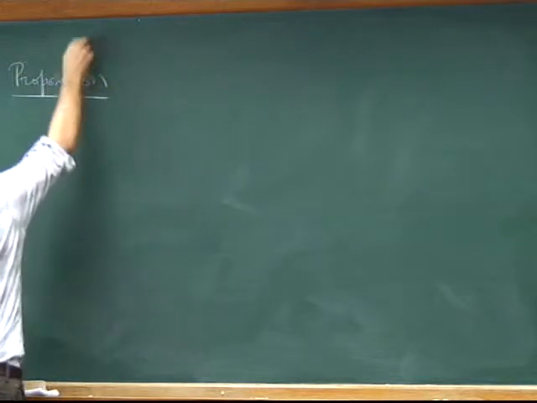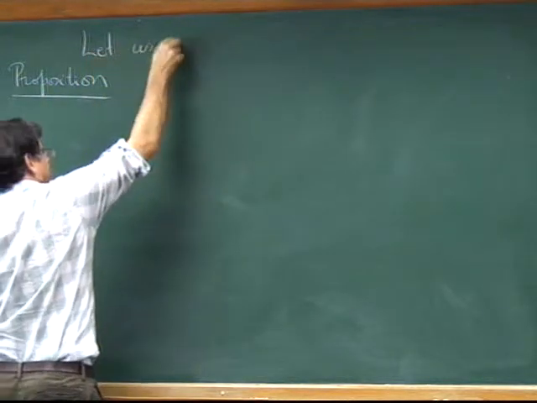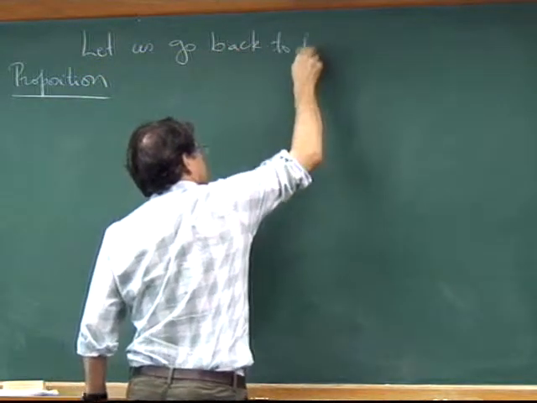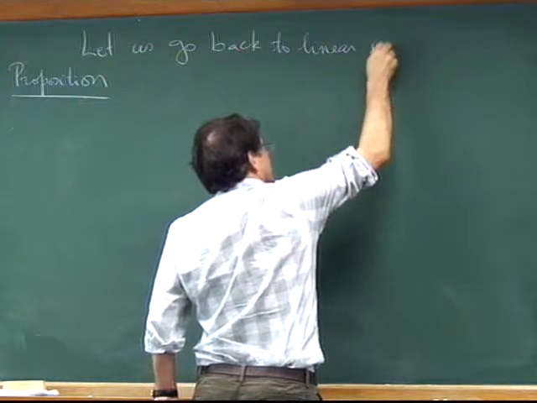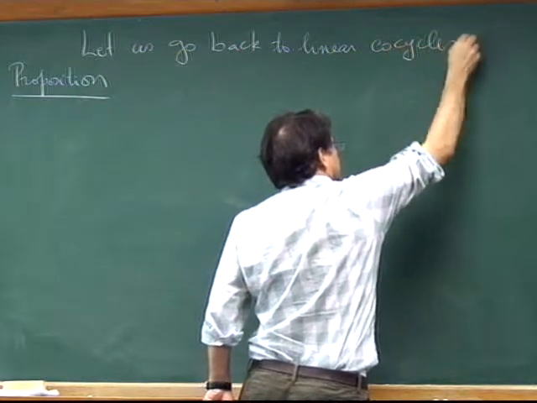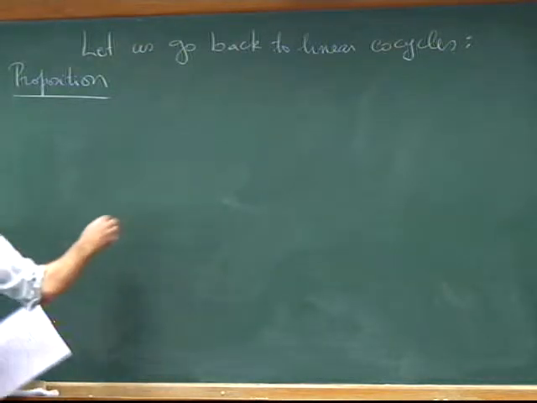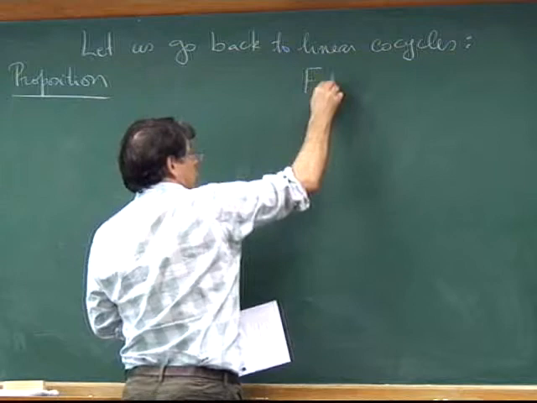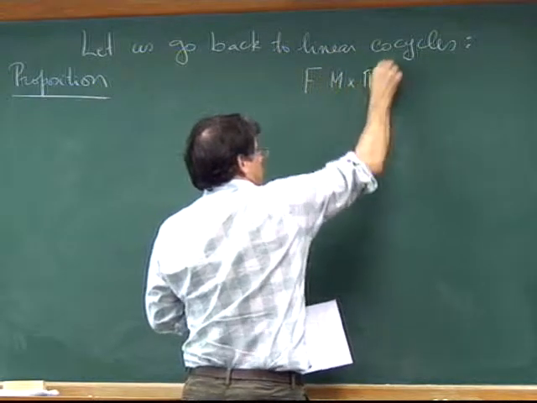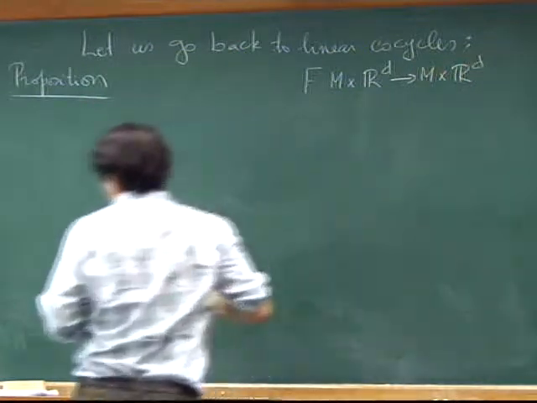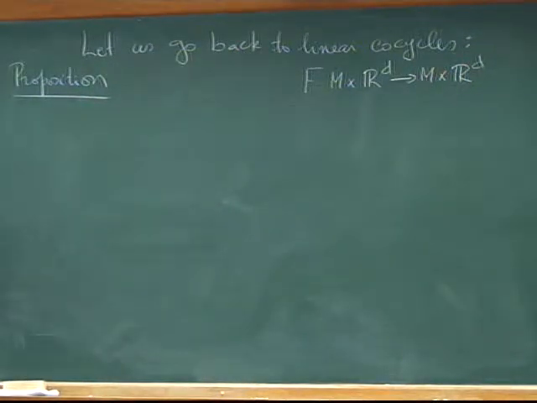So now we go back. We have a linear cocycle as we have been considering, and the consequence that we are going to get from this proposition is the following.